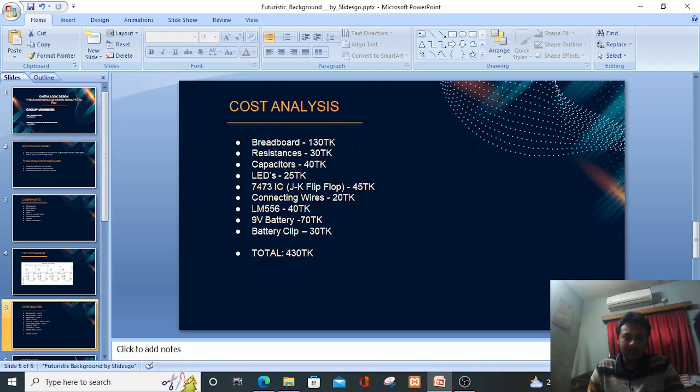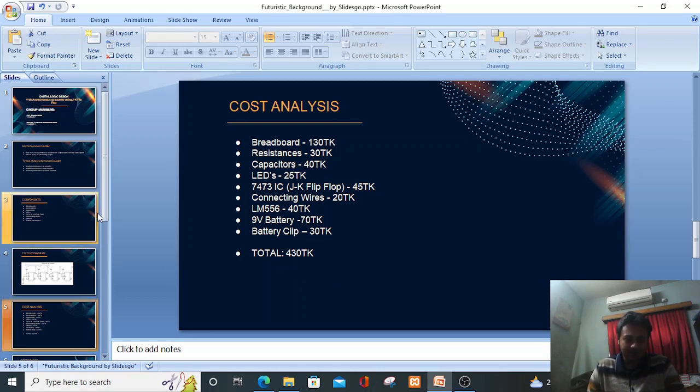And if you see digital clocks, the price of digital clocks in the market, the low quality ones will cost you around 500, and if you want to buy high quality, it will cost you around 1000 to 1500 taka. So it is quite efficient.